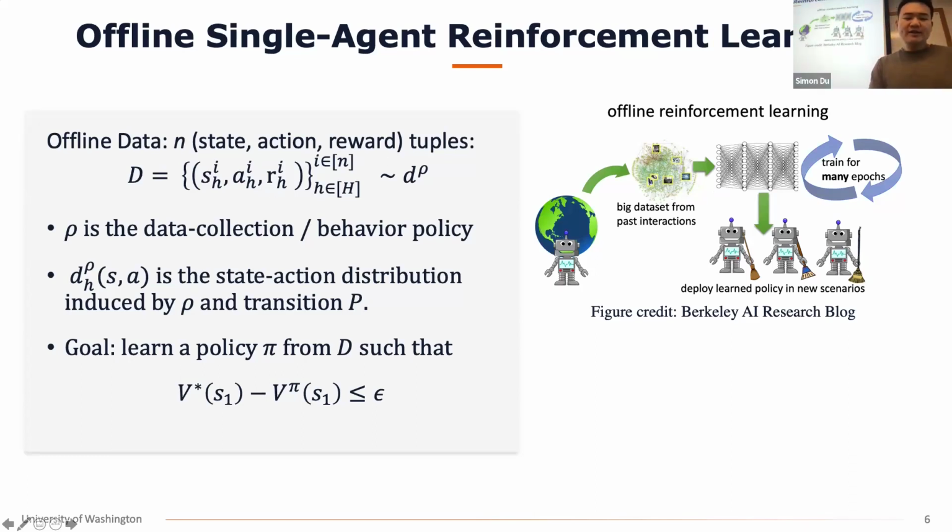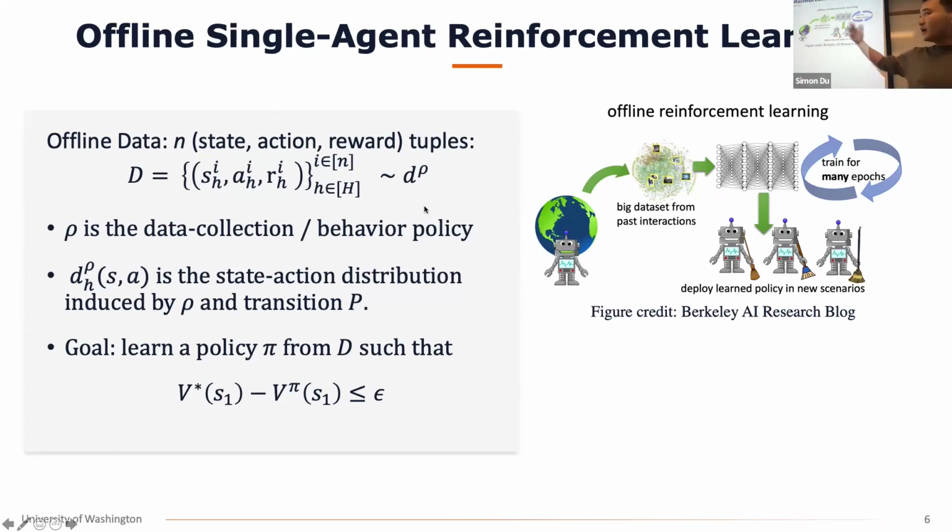In total, let's say you have n trajectories. And remember, in each trajectory or in each episode, you have H steps. So in total, you will have this number of data points, where h is from 1 to big H and i is from 1 to n.